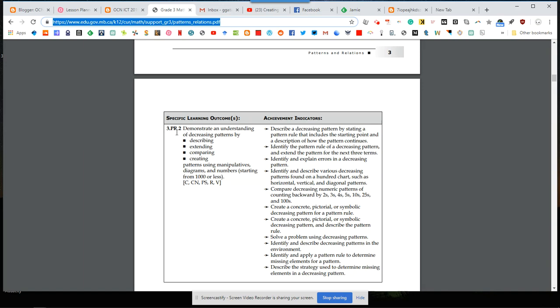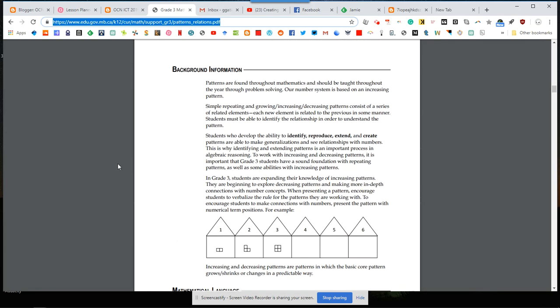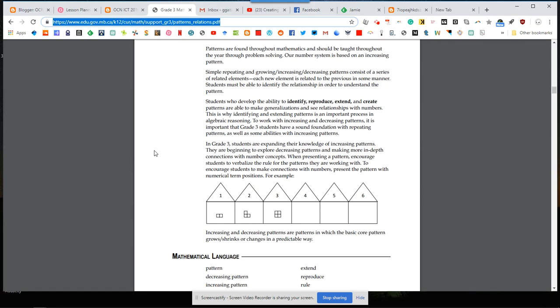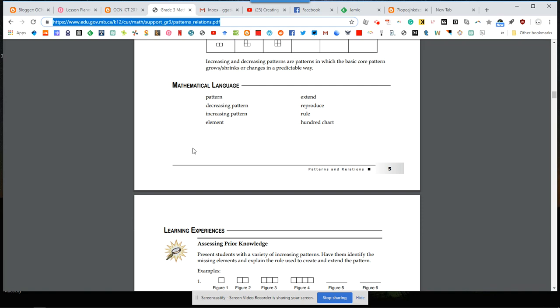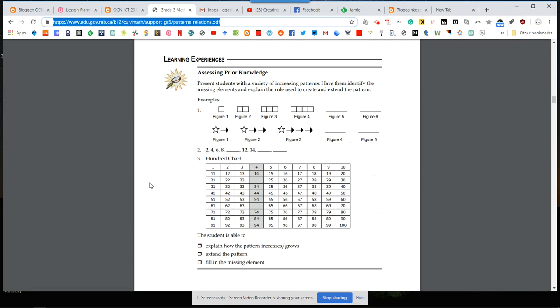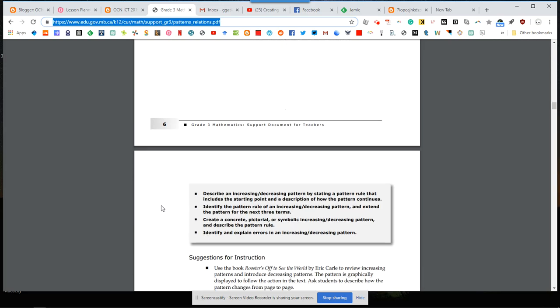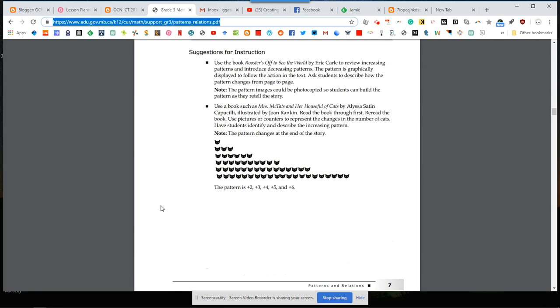This one was demonstrating an understanding of decreasing patterns. Background information, mathematical language being used in this particular lesson, how to assess prior knowledge, so how to do the diagnostic assessment. So right in here are, as I said, the elements of the diagnostic assessment to know where your students are coming from, where they're starting at.